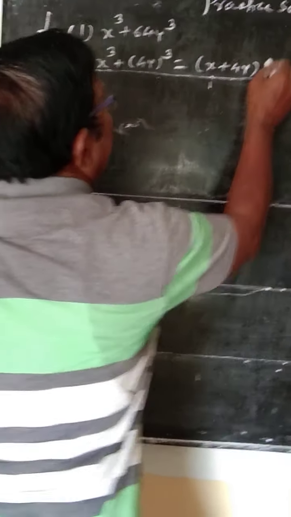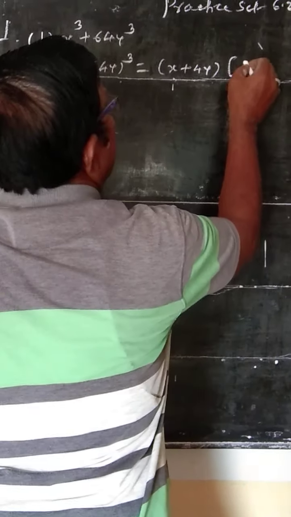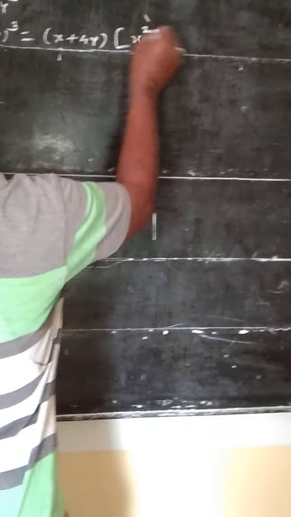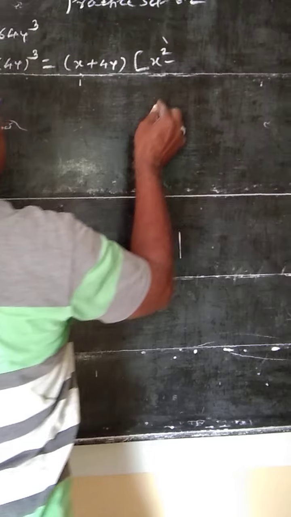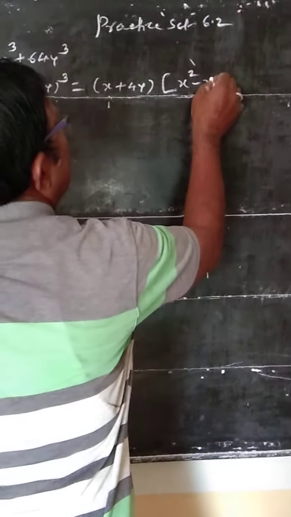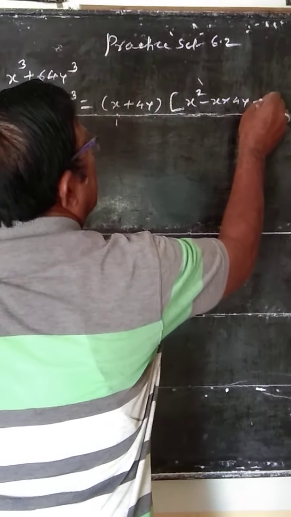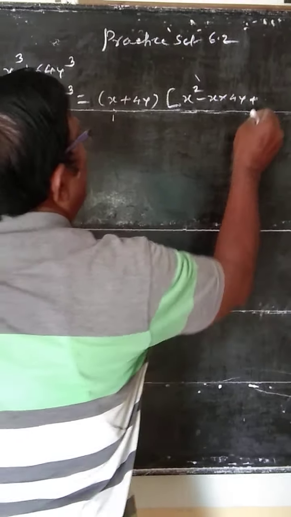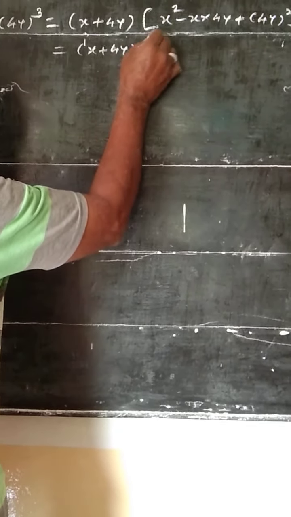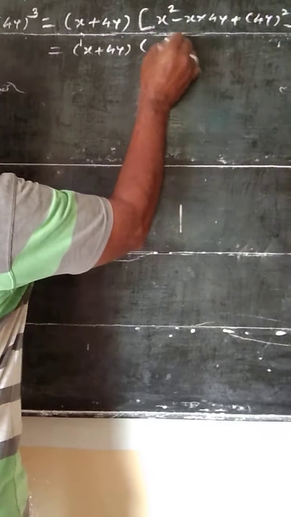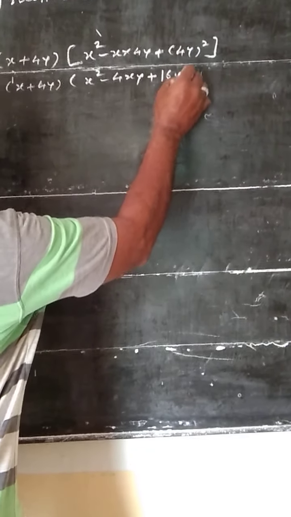In the second bracket, x square, the first term square, then minus the product of the first term into the second term, x into 4y, plus (4y) bracket square. Then take one more step: x plus 4y, and the second bracket x square minus 4xy plus the square of 4y, which is 16y square.